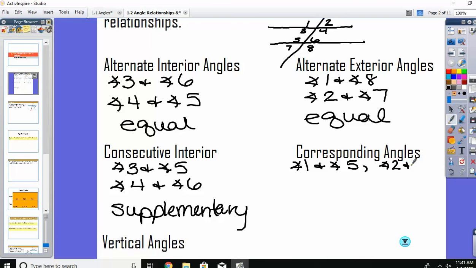Angle 2 corresponds with angle 6. Angle 3 and angle 7. Angle 4 and angle 8. What would be true about those measurements? Equal.